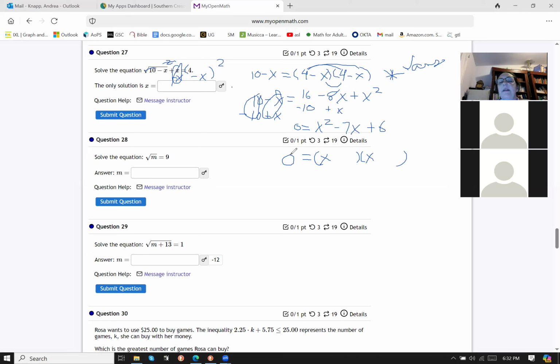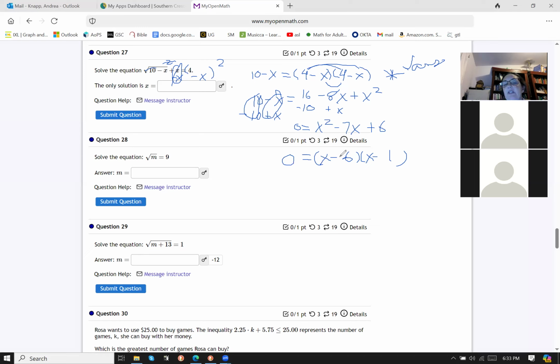I'll give you a hint. Negative times negative is positive. 1 times 6. Yes, both negative. Negative 6 times negative 1 is positive 6, but negative 6 plus negative 1 is negative 7.